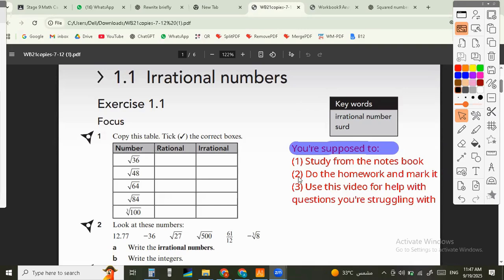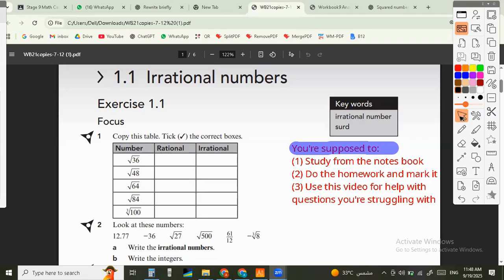Then do the homework and mark it, correcting it using the answer key, the marks key. After marking it, you will definitely come across questions that you do not understand why they are wrong, or that you didn't even understand how to answer. Then watch this video to help you with the questions you're struggling with.